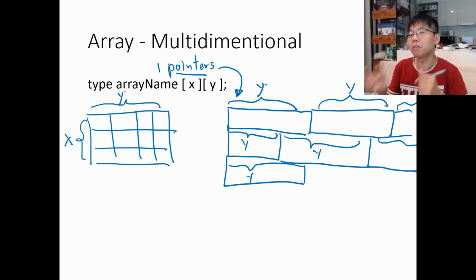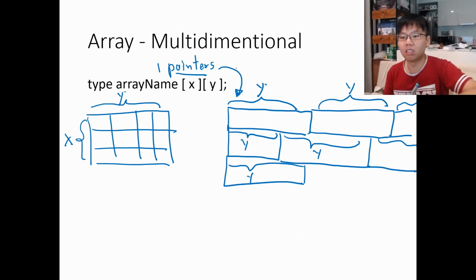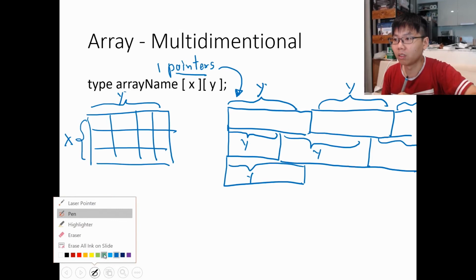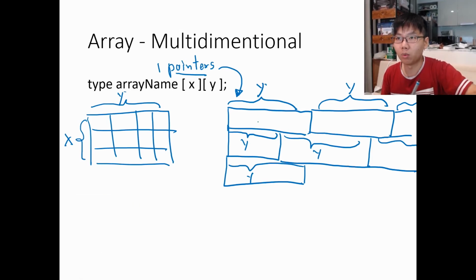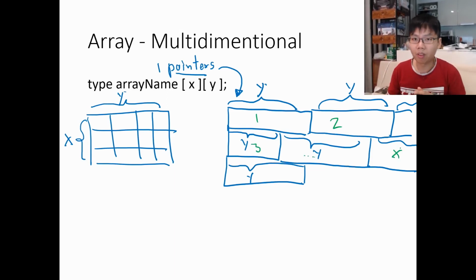But how many repetitions it's gonna create is equal to the x number itself. It's gonna be 1 repetition, 2 repetitions, 3 repetitions until x repetitions. That's the idea of how it works.